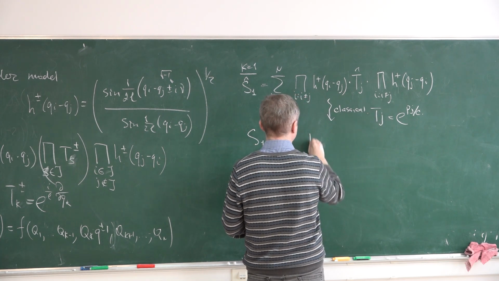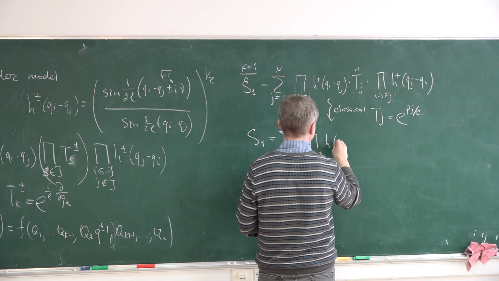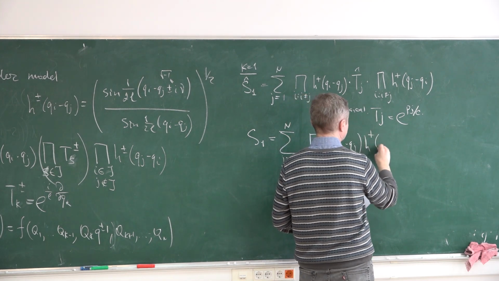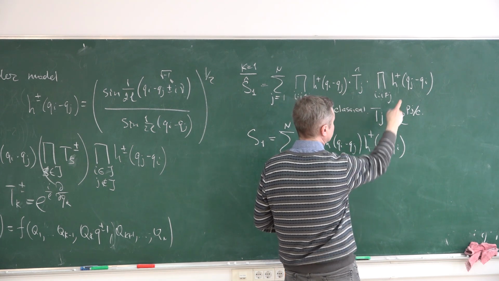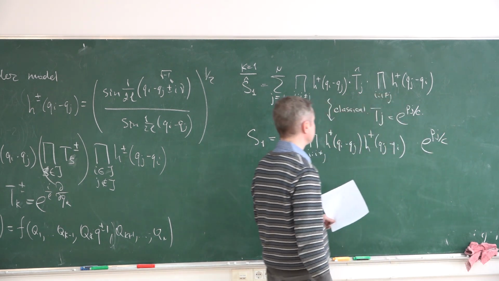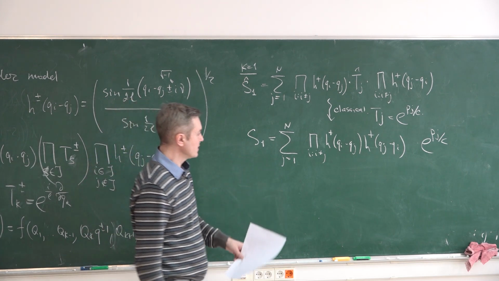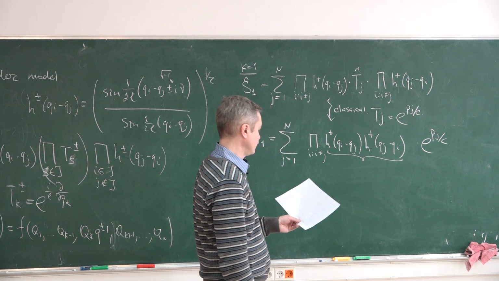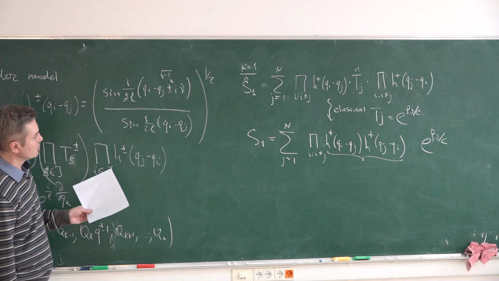We have a sum from 1 to n of, now we just unify h plus qi minus qj and h plus qj minus qi. We unify the products of two functions, and we put also this exponent of momenta. So this is the expression for the classical Hamiltonian, where this product can be computed, and it is not a complicated task.